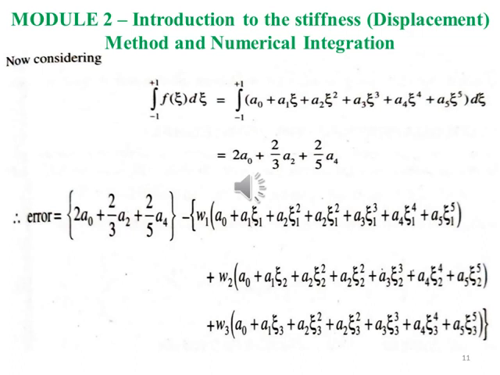Similarly, for the second weight w2 also the value is written, and for w3 also the value is written. Now let us simplify this and take out the common terms, that is a0, a1, a2, a3, a4 and a5, which is seen in the next slide.